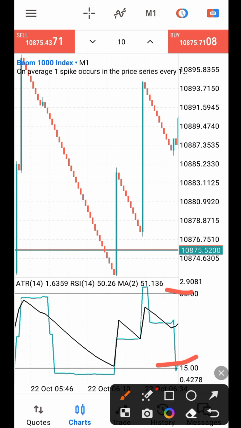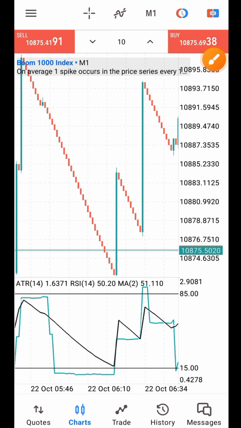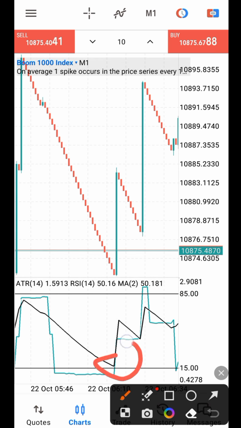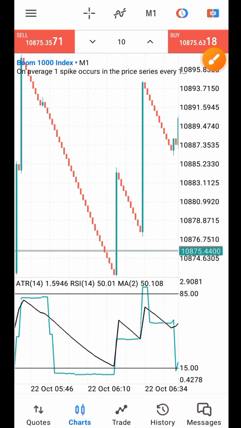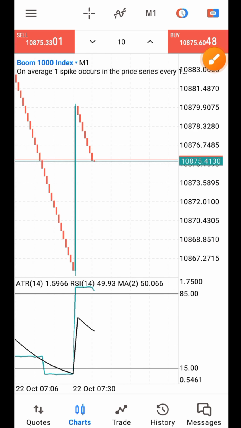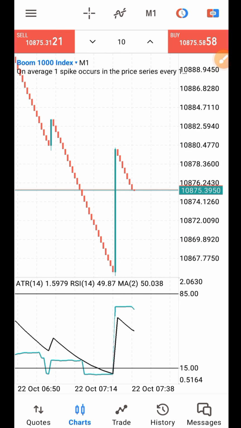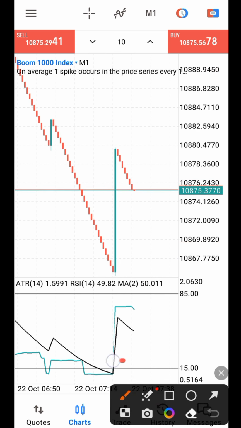These two levels work as support and resistance for the market. You all know that when the market comes to the support level, we buy, and when the market comes to the resistance level, we sell. You understand? But in this way, we are only concentrating on this particular level on Boom. Take note of that, on Boom.